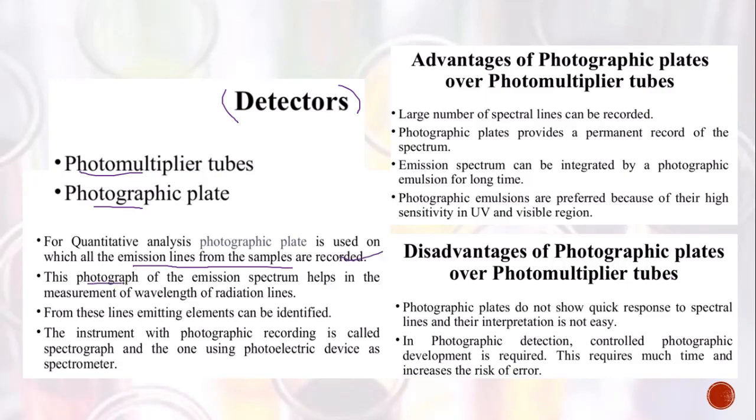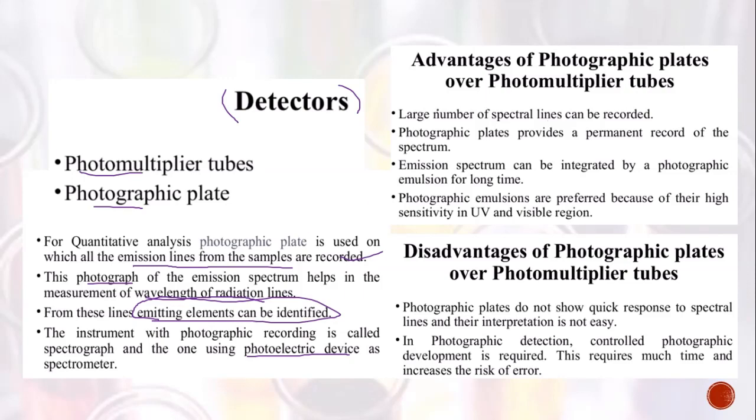This photograph of the emission spectrum helps us in the measurement of the wavelength of the radiation lines. From these lines, emitting elements can be identified. Instruments with photographic recording are usually called a spectrograph, and the one that uses a photoelectric device is called a spectrometer.